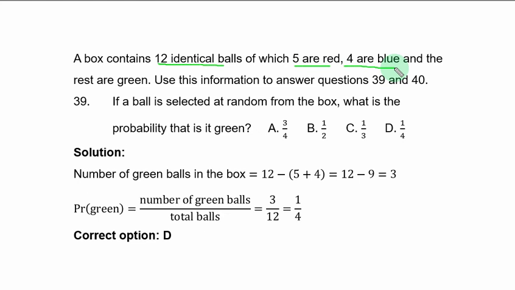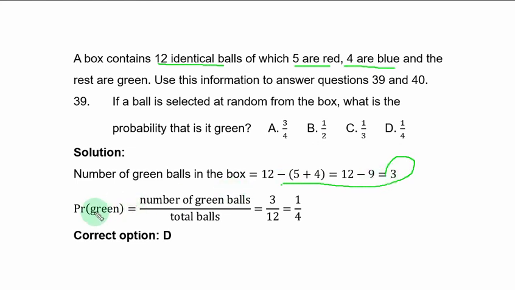From the question, number of green balls, they are unknown, but you have the total and red with blue balls. So if you add red and blue and you subtract it from the total, you have green balls.